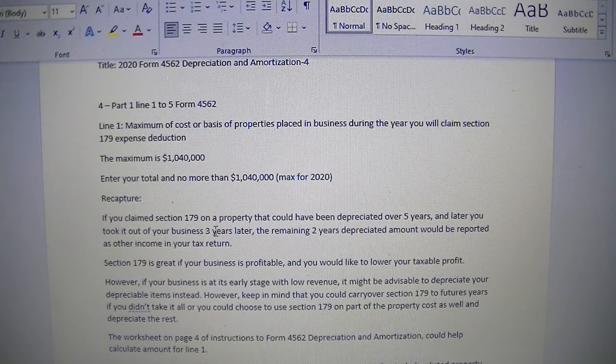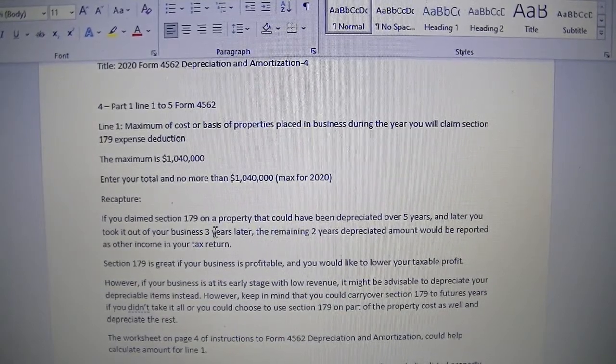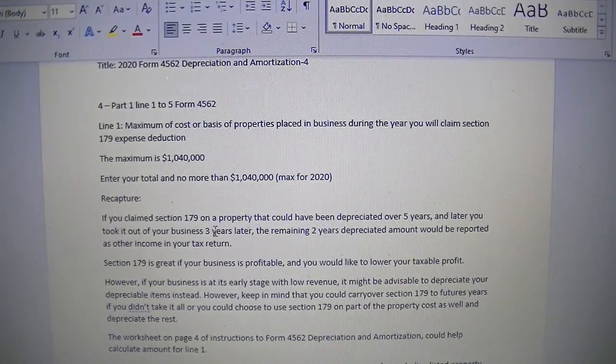So we are not talking about those, but for those assets that you could depreciate for 5 years or 7 years, for instance, if you claim Section 179 and fully expensed in the first year you place it in service, and then you don't use it for the full 5 years or 7 years, depending on the item, then you have to calculate the depreciation for the remaining years that you have left, and add that as an income to your business, as an income to your tax return.